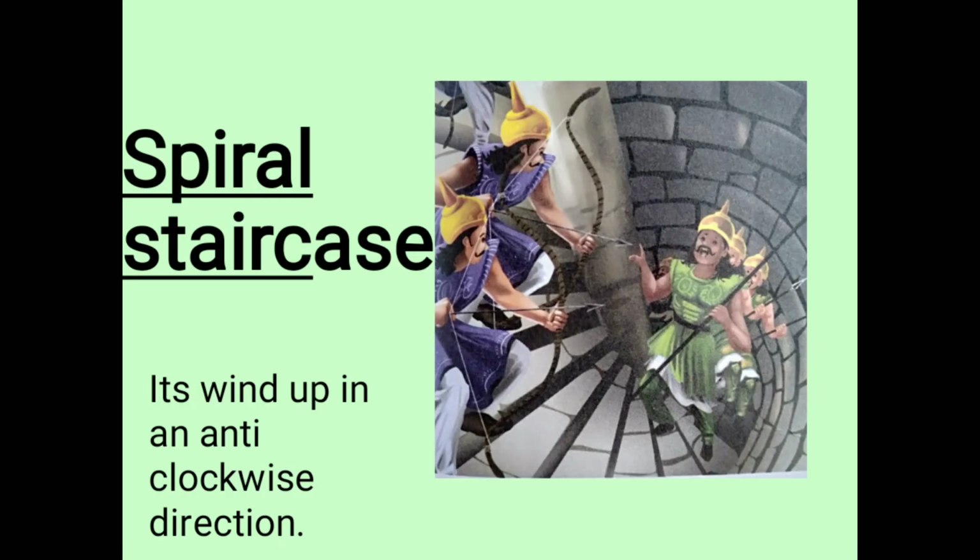Then is our last but not the least, the spiral staircase. Can you see the staircase here which is in a spiral way? In a spiral direction. See, enemy people have to hold this with their right hand, isn't it? Right hand they have to use. If they use their right hand, they cannot shoot with their left hand.